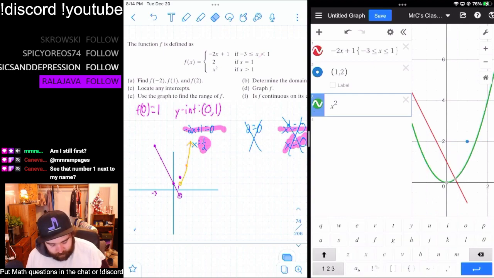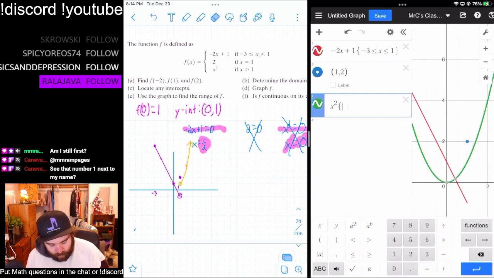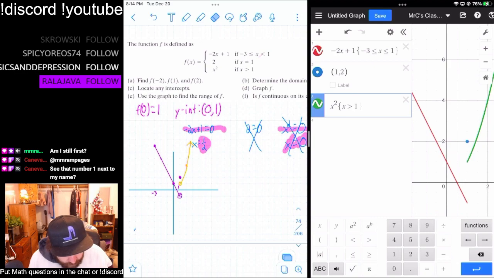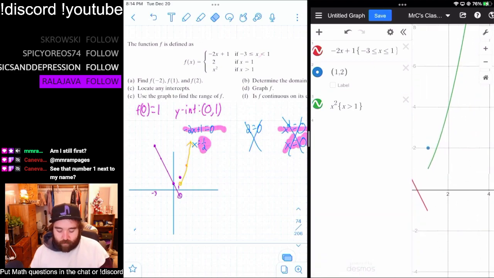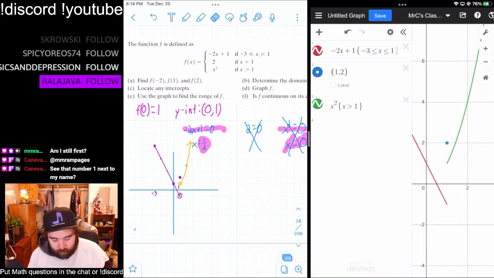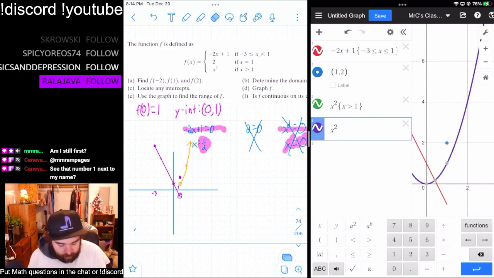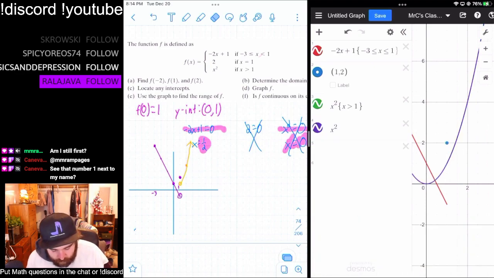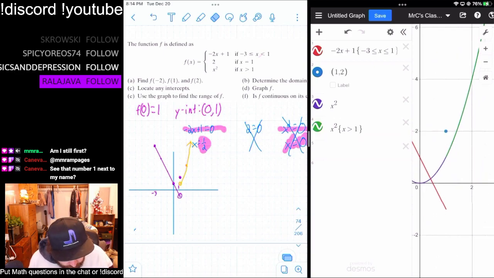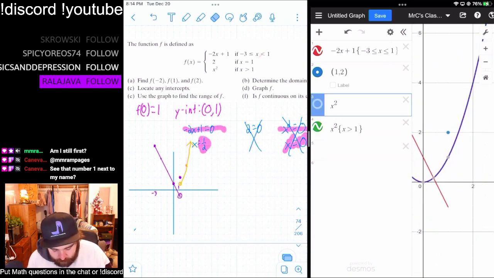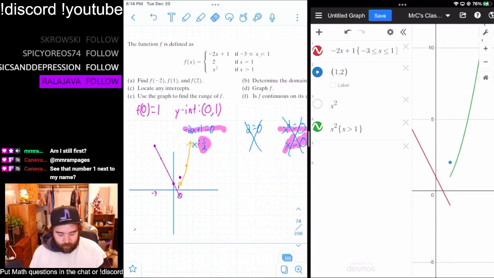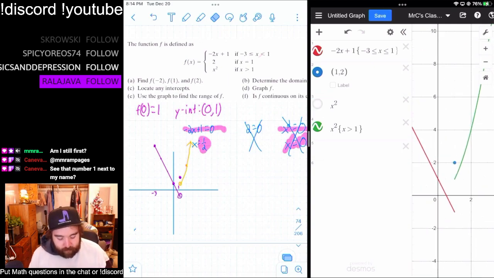We only want the parabola when x is greater than 1. And so you see that's like the branch that we have. So it's just the part of the whole parabola. You see there's your whole parabola, but they just want that green part of it there, not the whole thing. And so that's what piecewise functions are.